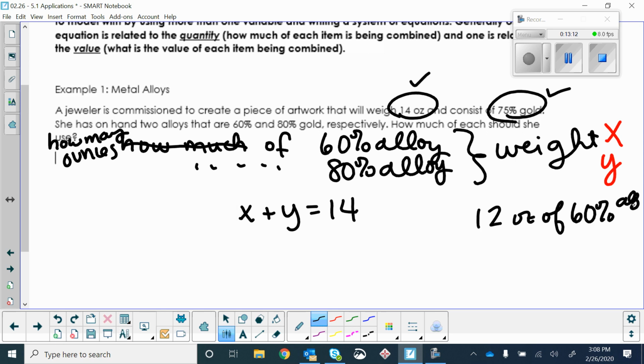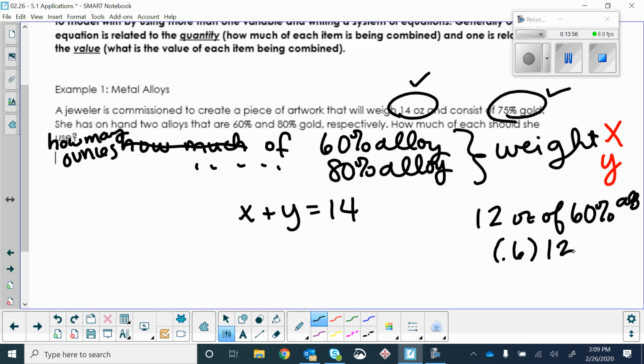That word of in mathematics, almost every time you use it in a word problem, it means multiply. So 12 ounces of 60%, or 60% of that 12. You take the percent, you convert it to a decimal, which we always do before we do math. 0.6 times 12, because that will give you the portion of the 12. That's the goal, right? The reason why I did that is because now I'm about to put the variable back in, but that won't make sense to you if you don't understand this basic idea of computing a percentage of the total.